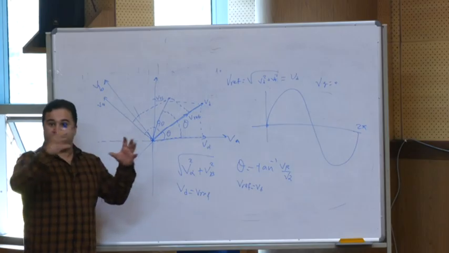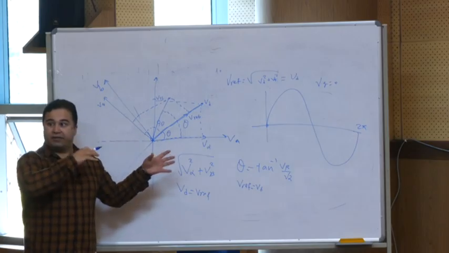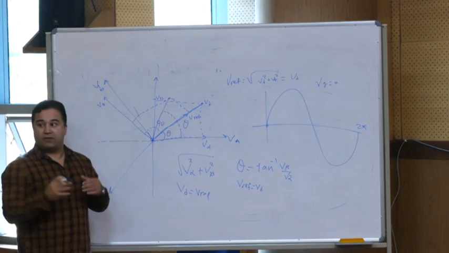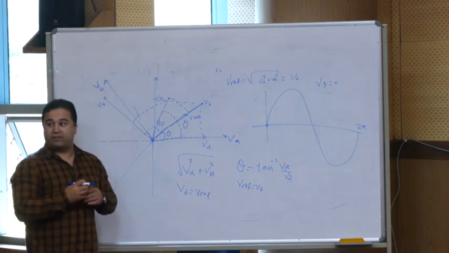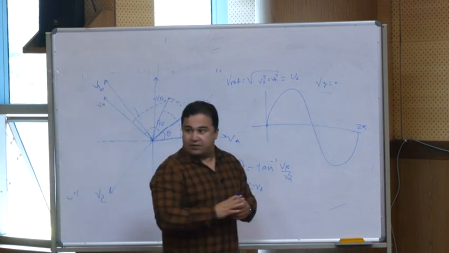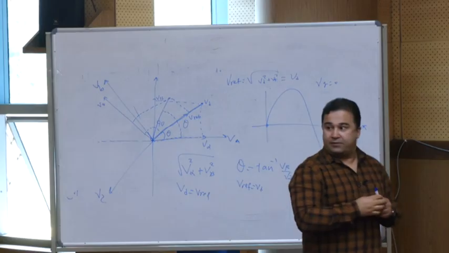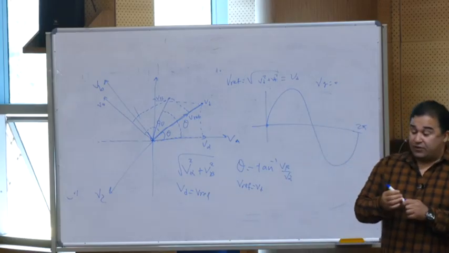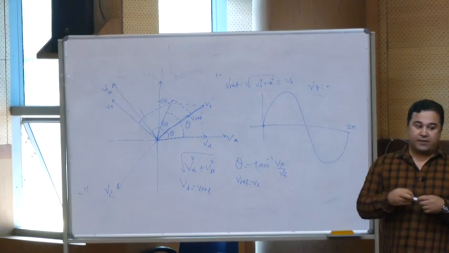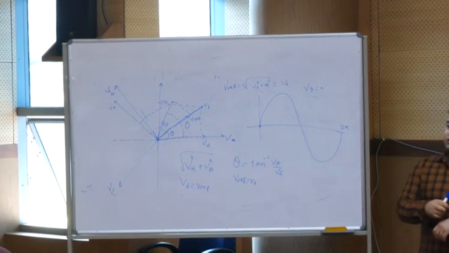So all of V reference will be equal to VD, and VQ will be equal to 0. You can do something else by tuning the PLL, okay? But my advice is that if you go in this direction, then the calculation will be much easier for you.